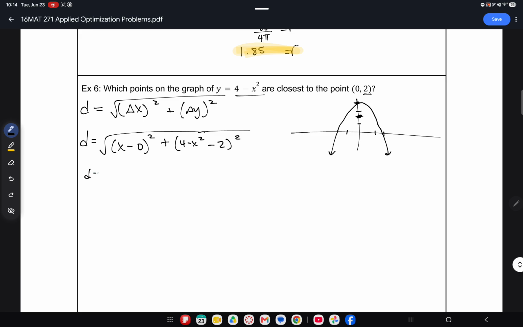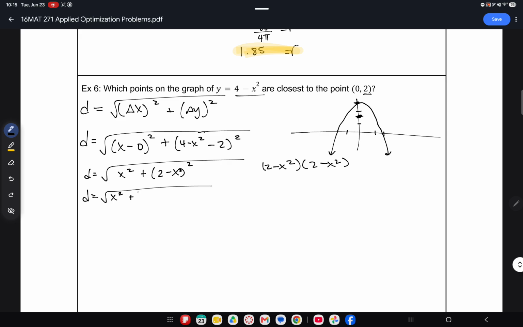Let's clean this up. So x minus 0 squared is x squared. And then 4 minus 2 is 2. So 2 minus x squared, squared. I think I can even go further with that. So we'd have 2 minus x squared, squared.